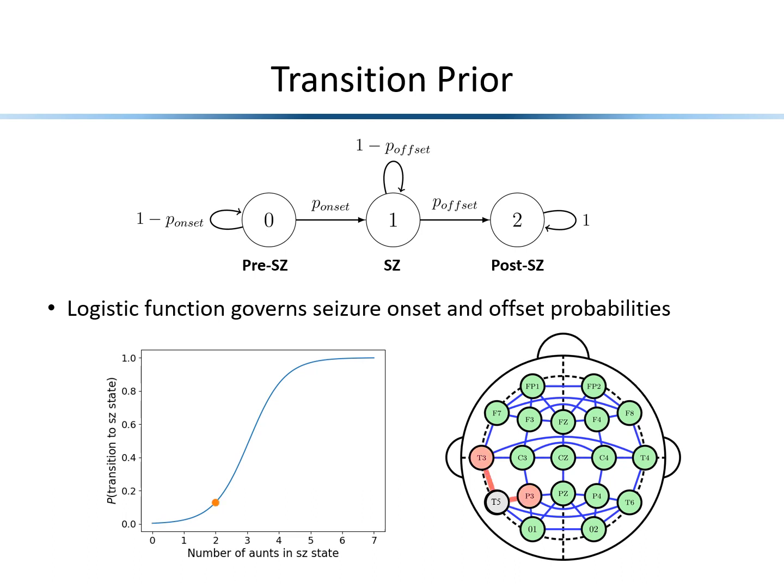Now, if a few of its neighbors were in a seizure state, then all of a sudden we have a higher likelihood of transitioning into the seizure state for T5. And likewise, if all of its neighbors are in a seizure state, we have an even higher likelihood of transitioning. And these dynamics are mimicked when we go from seizure back to post-seizure baseline.